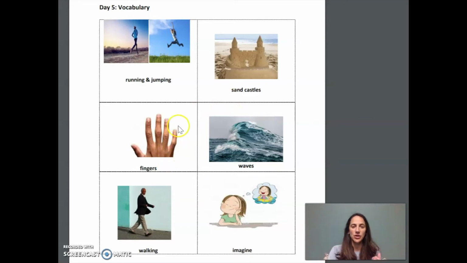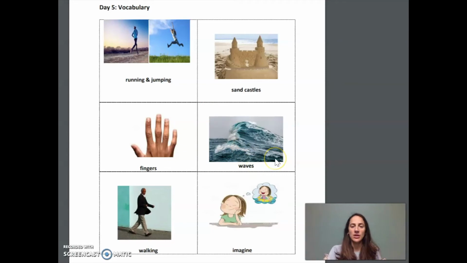In this picture, I see these parts of her hand. They are called fingers. How many fingers do you have? 1, 2, 3, 4, 5. 5 fingers. Repeat, fingers. Nice.